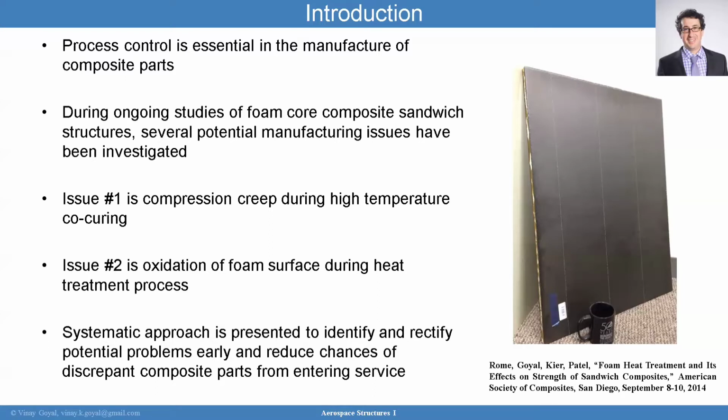Let's say you have a large sandwich panel there. I think we used to call that the living room table, because it was a 3 foot by 3 foot foam core composite sandwich panel, and we cut that into smaller segments for testing.